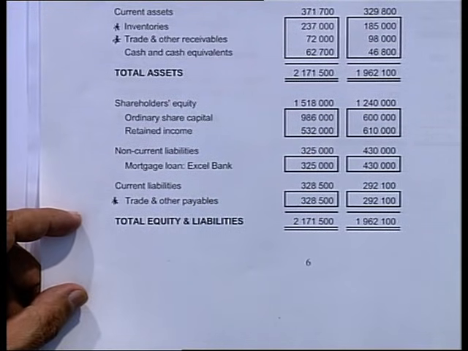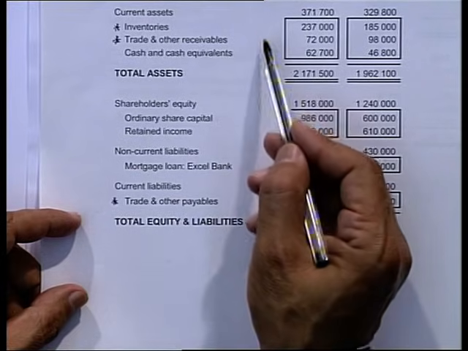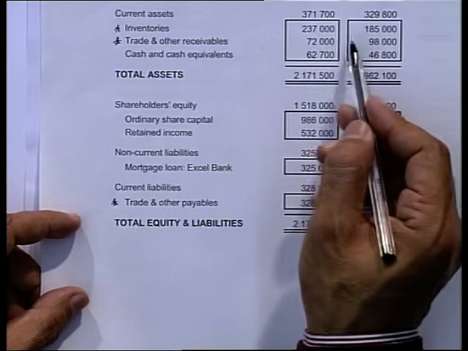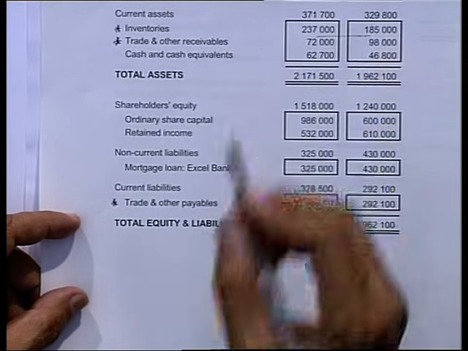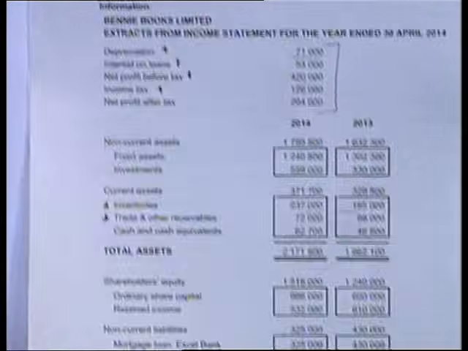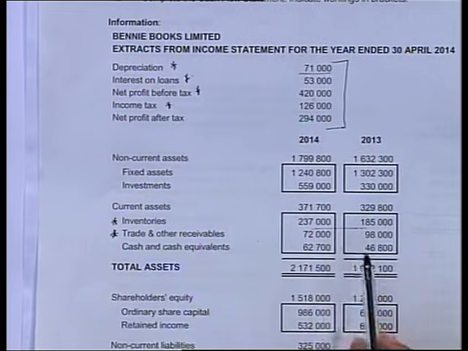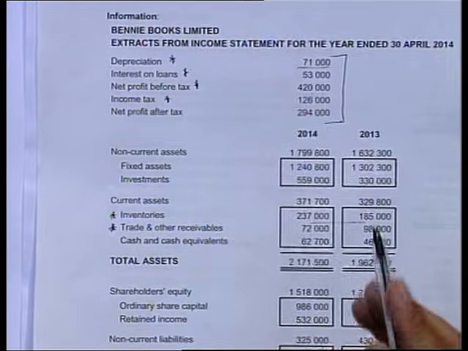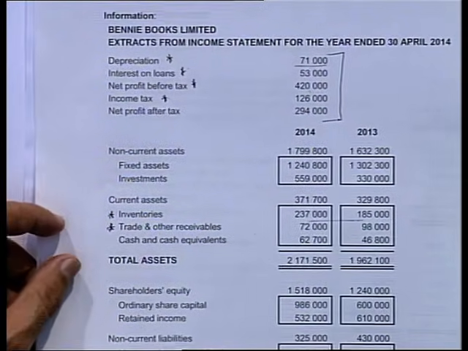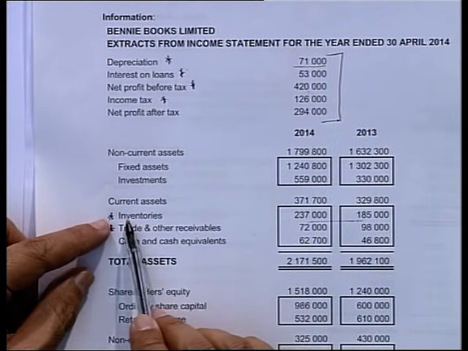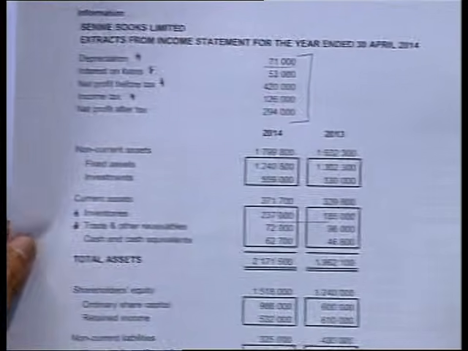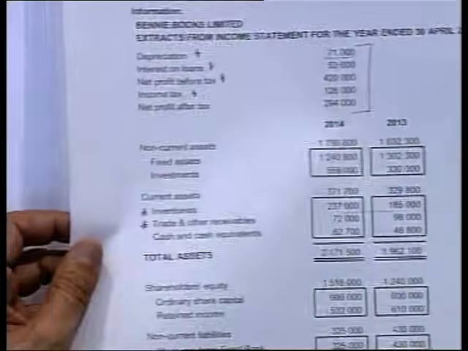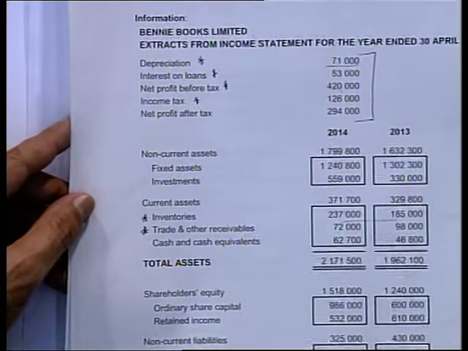Now, very important, learners, if there is no note to any of those items, then we only have to use the figures in the balance sheet. Again, if there are no notes for any of these figures that we marked with the asterisk, then we only use the figures straight from the balance sheet. For inventory, for example, there's no additional information regarding the inventory. So we have to use the figures straight from the balance sheets.